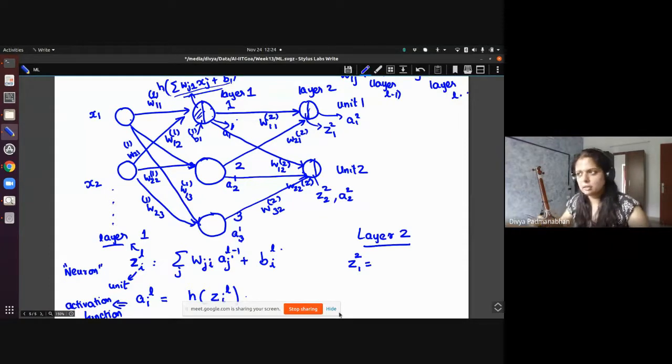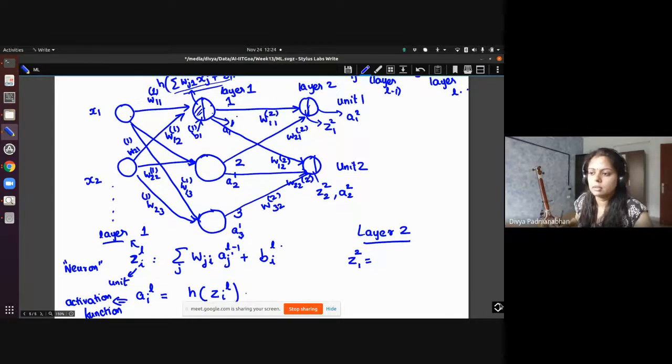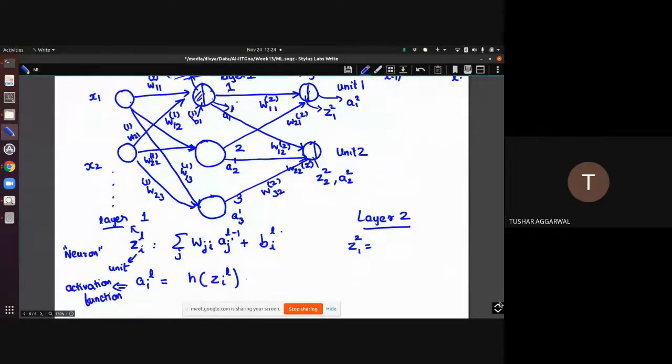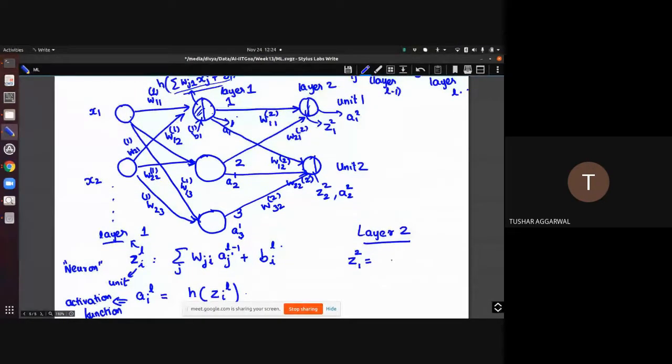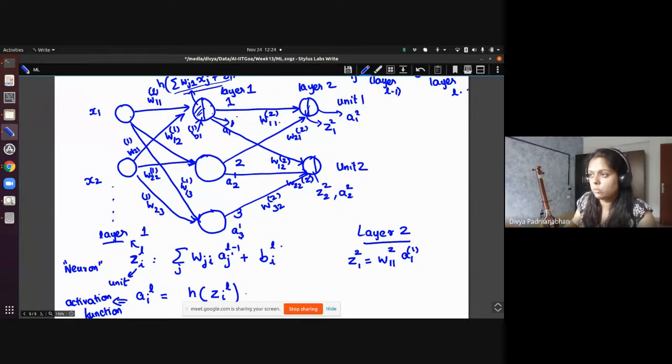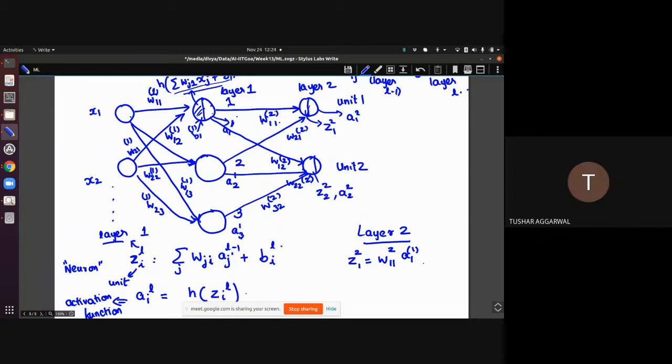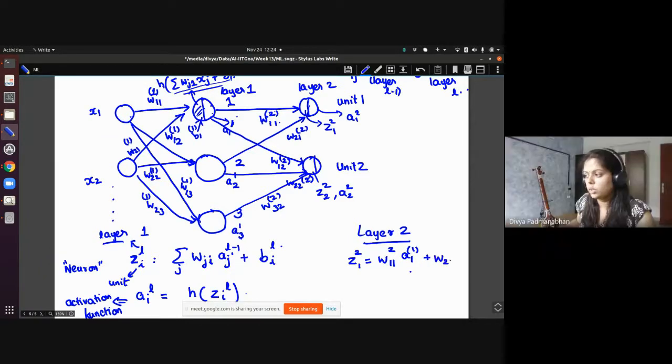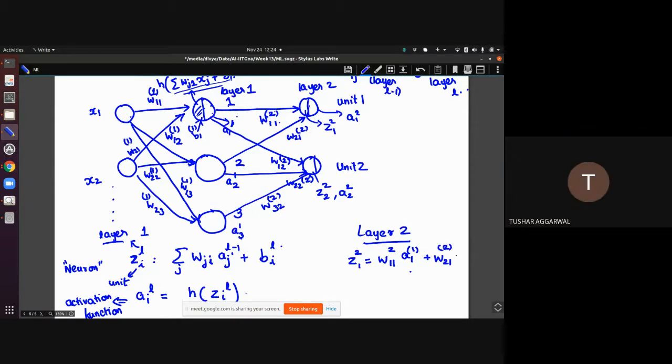Can we write down what these values would be? It will be W11 of 2 into A1 of 1. So this is W11 of 2 into the output of this unit, A11, correct? Plus W21 of 2 into A2 of 1.